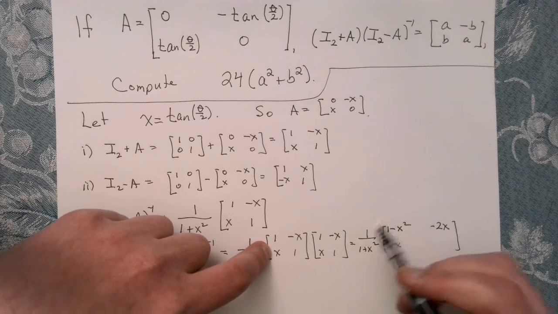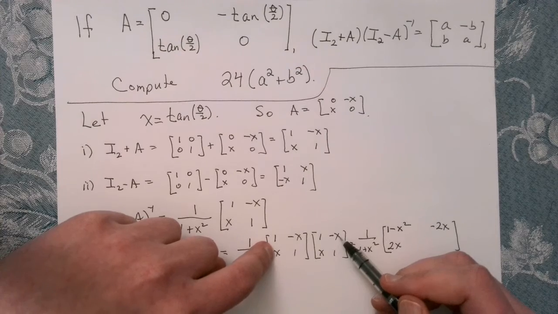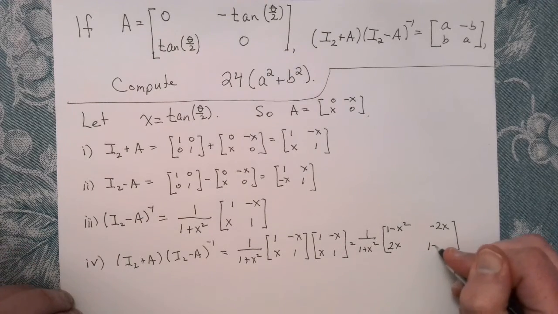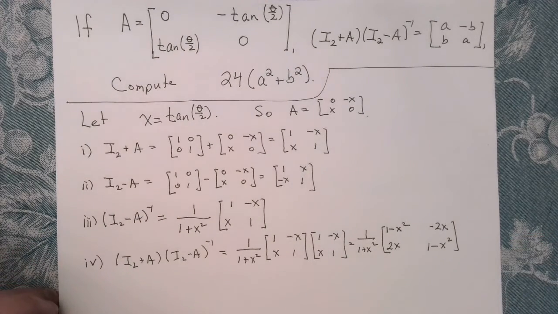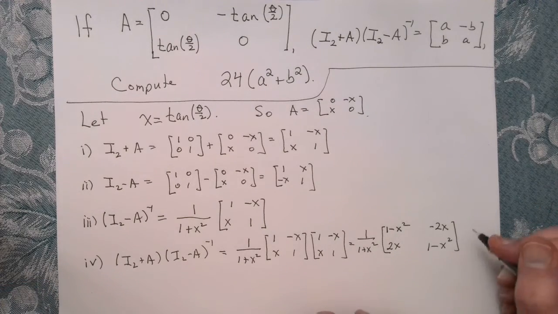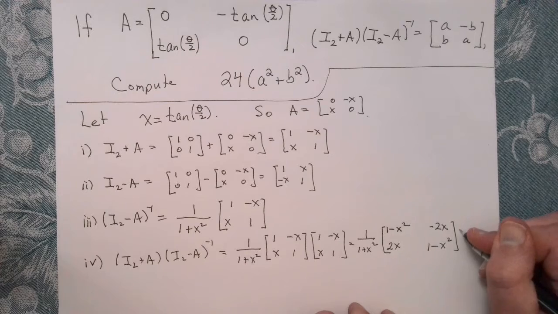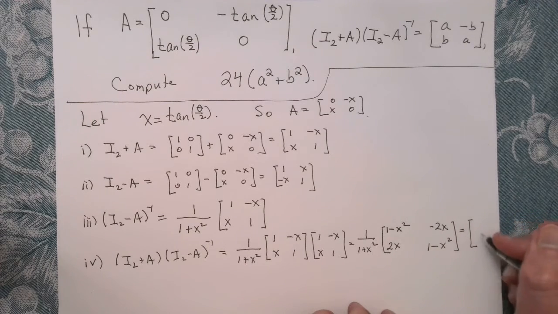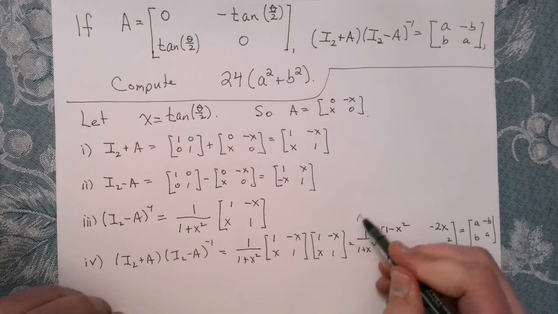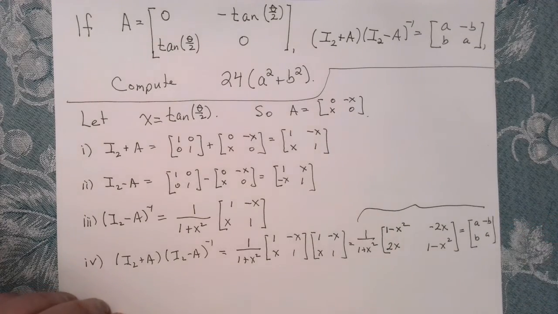And the lower right entry looks like negative x squared plus 1, or 1 minus x squared. And we're setting that equal to A, minus B, B, A.